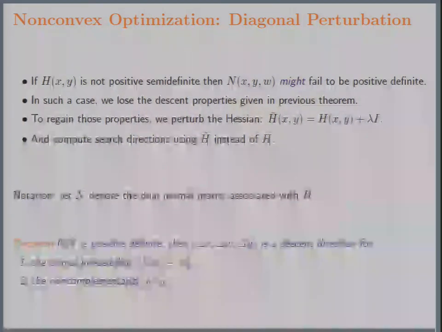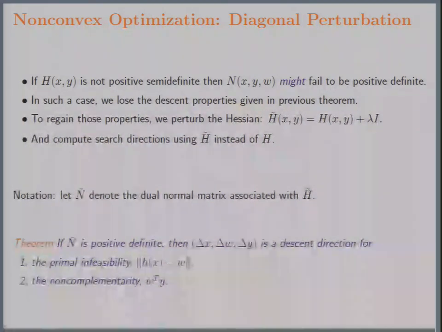Just to be precise, if we let N tilde denote the dual normal matrix associated with H tilde instead of the one associated with H, then we have the same kind of result as before. If this perturbed dual normal matrix is positive definite, then the step directions are descent directions for the primal infeasibility.